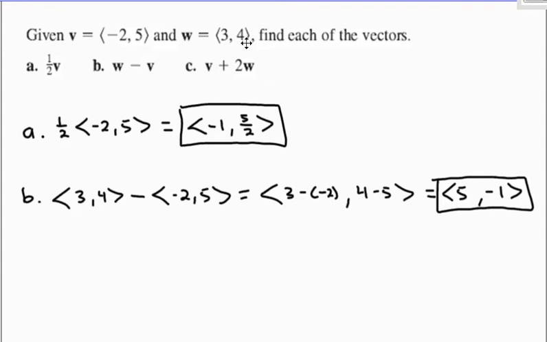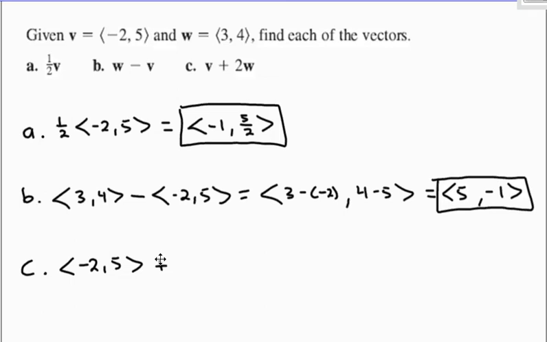And then we go up 4, and instead of going up 5 more, we go down 5, so we get negative 1.